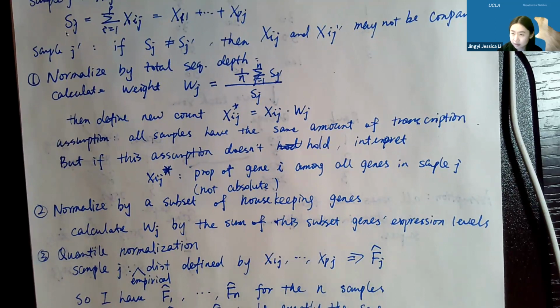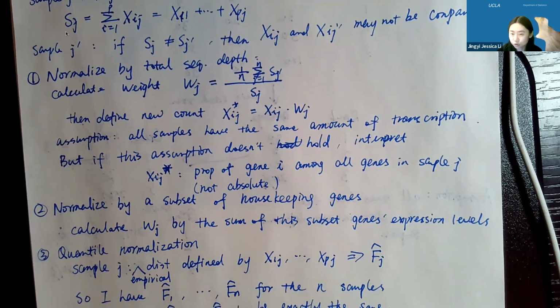The third one is a little more complicated, but still very easy to understand intuitively. Quantile normalization basically means that you try to make the distribution of all genes the same. Let's say you have P genes, then you have P values in the sample. You want to draw the empirical distribution of those P values, for example, like a histogram.